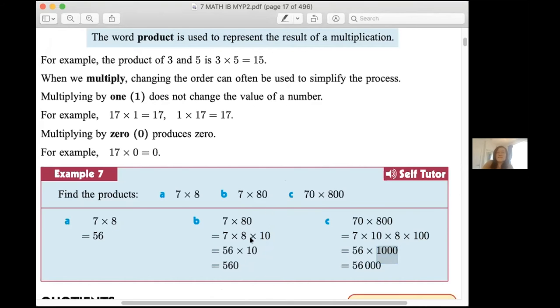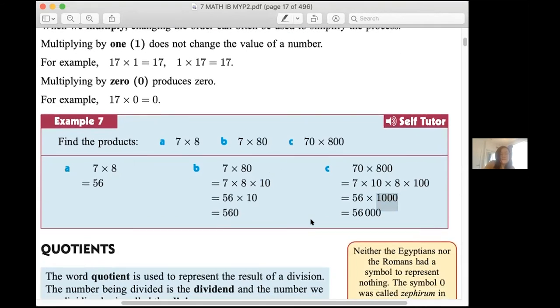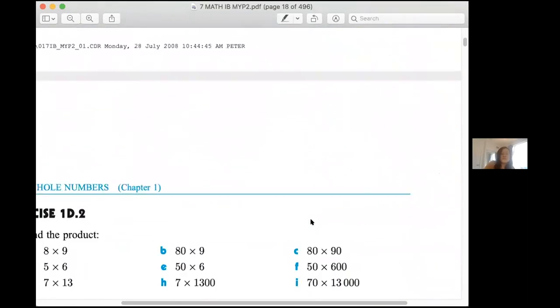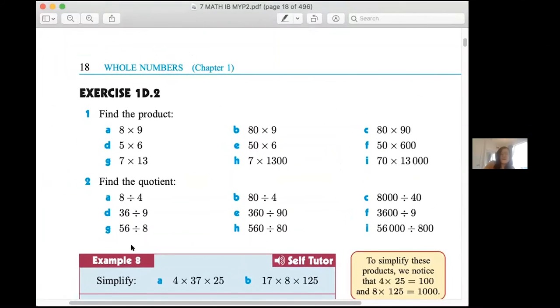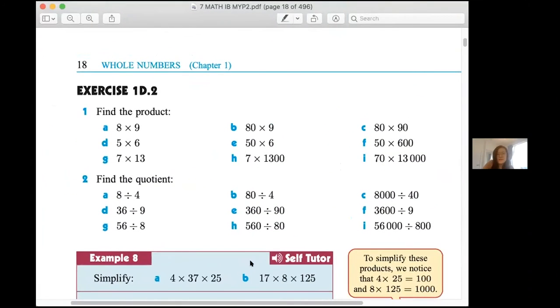Okay, good. Then let's move on to the next question. Before we solve it, let's observe the question. Do you notice a special pair of numbers will give you a special answer here? So let's say for the question A, I noticed there's a special pair that I love, which is 4 and 25.